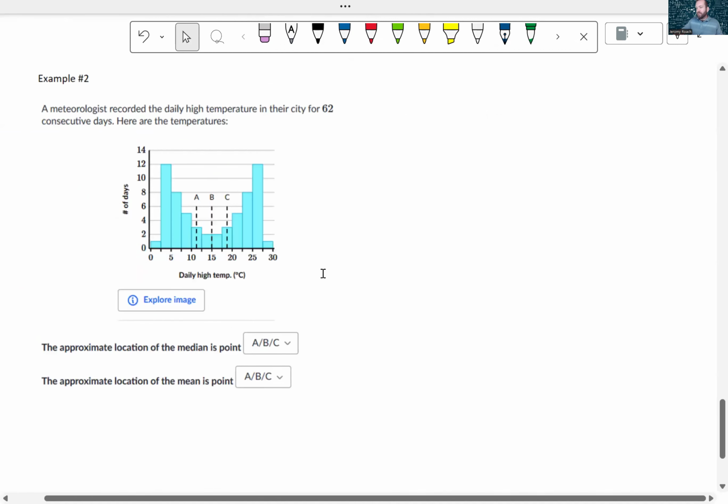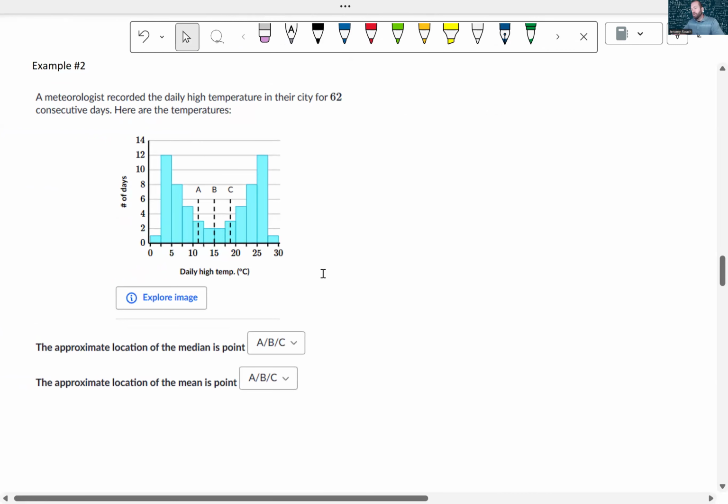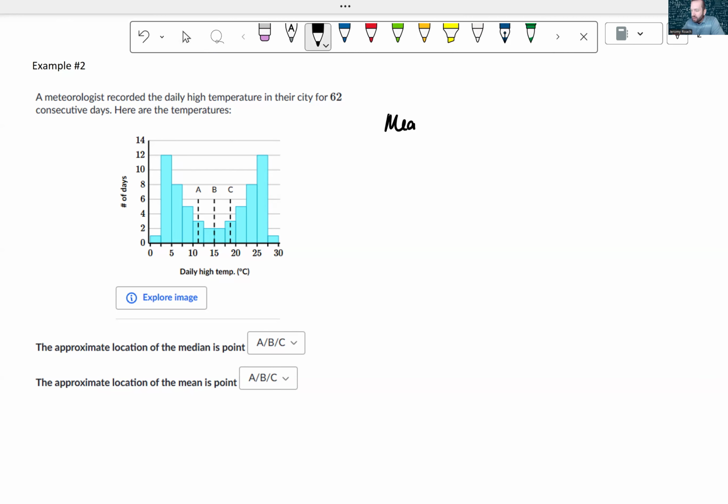This next one says, the meteorologist recorded daily high temperatures in their city for 62 consecutive days. Here are the temperatures. And it wants us to find the mean and the median. This one's a really nice example because our data is symmetric. And because our data is symmetric, that means that the mean and the median are the same thing. So the mean equals the median with symmetric data.